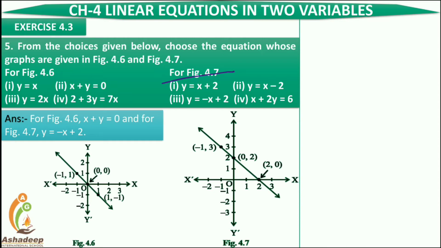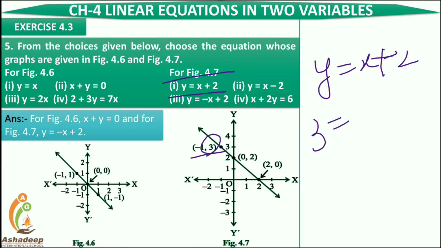Now for the 4.7, let's check. y is equal to x plus 2. Now minus 1 comma 3. So 3 is equal to, because the value of y is 3 and the value of x is minus 1.